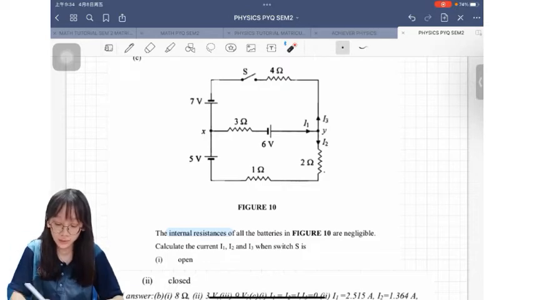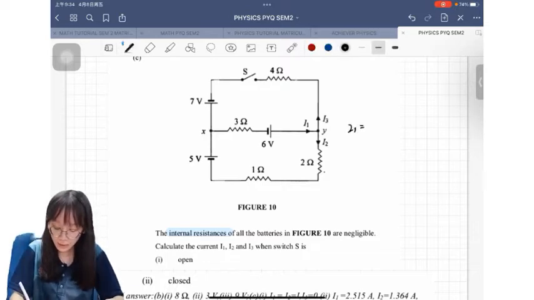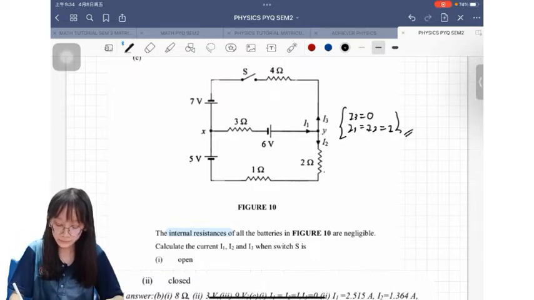So I1 equals I2 equals I, and I3 equals 0. So this is the first answer.